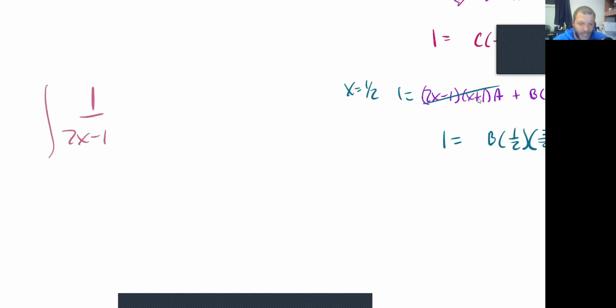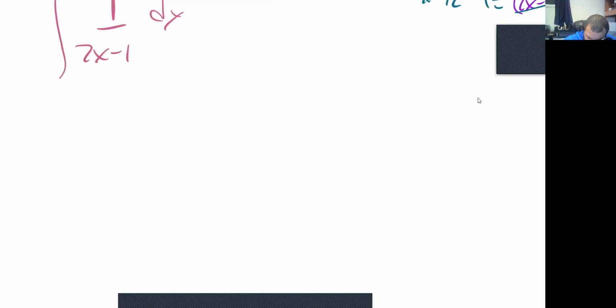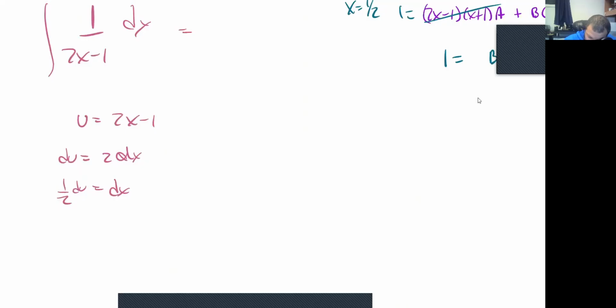If we take this antiderivative, let u equal 2x minus 1, du is equal to 2 dx, so dx is 1/2 du. This is the same as taking the antiderivative of 1 over u with the 1/2 out front, du, which is 1/2 natural log of u.